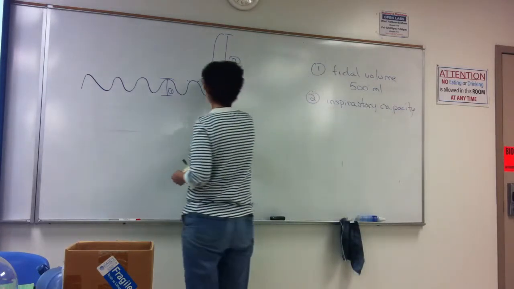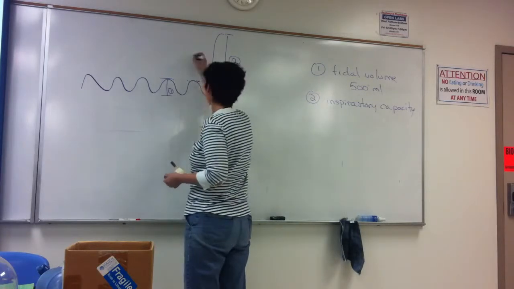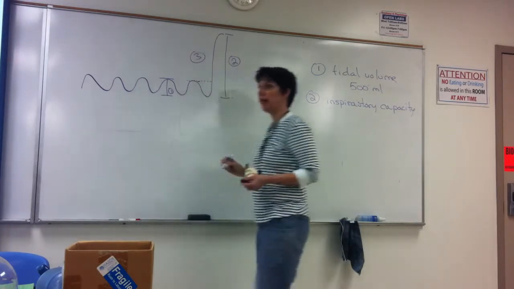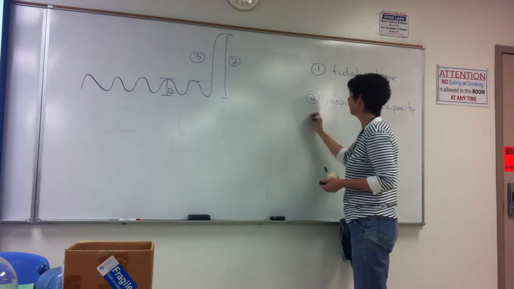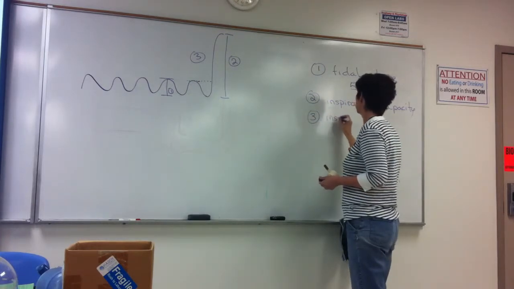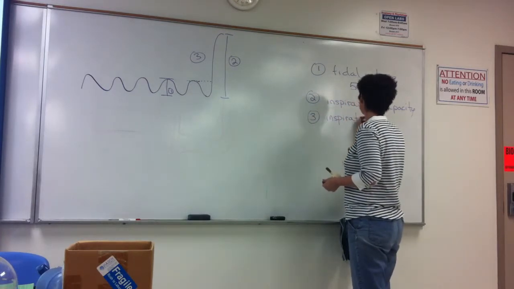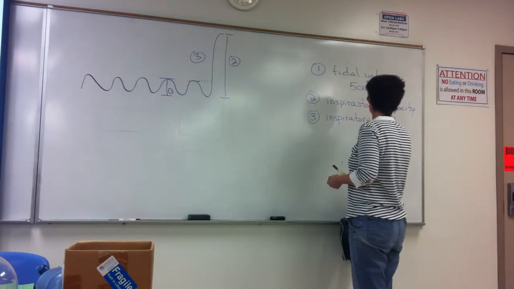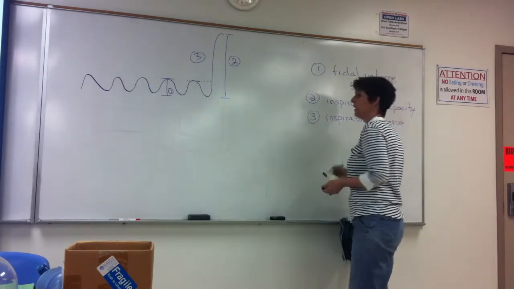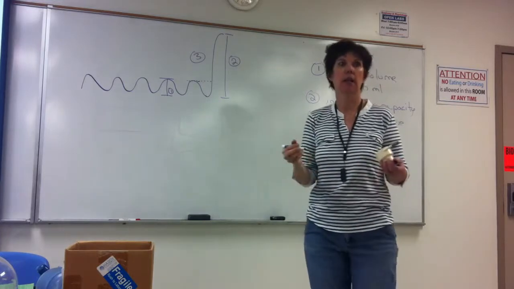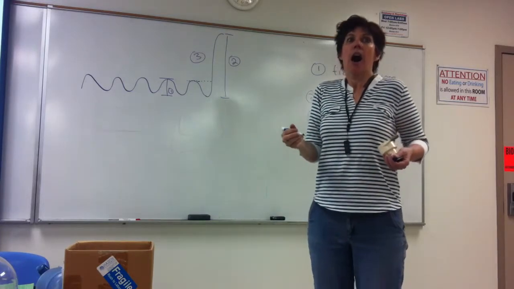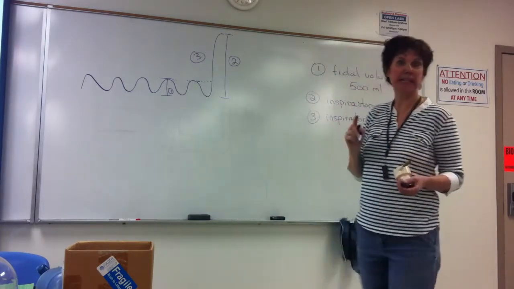And what you can breathe in above your normal inspiration is identified as your inspiratory reserve. So if I take in a normal breath, and then all the rest of that would be my inspiratory reserve.